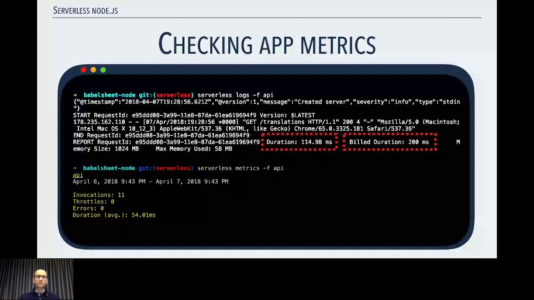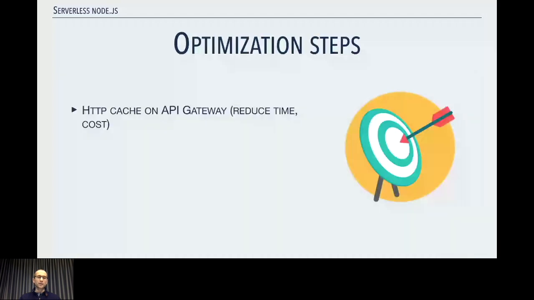We can, for example, add an HTTP cache on our API gateway, and with that cache, of course, it really depends on your case, but if you have some functions that should return the same result for the same arguments, then if it's cached in API gateway, we don't actually need to invoke those functions. We can save costs, can reduce the time for the response, but we still need to actually pay for another API gateway service.